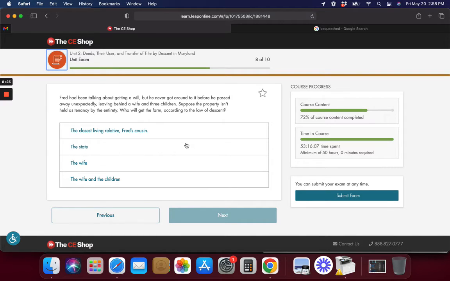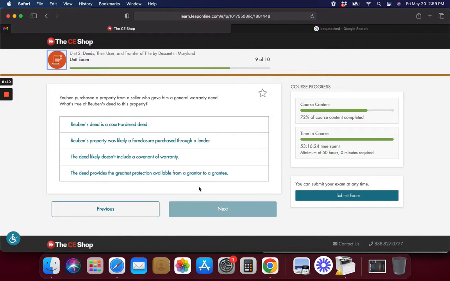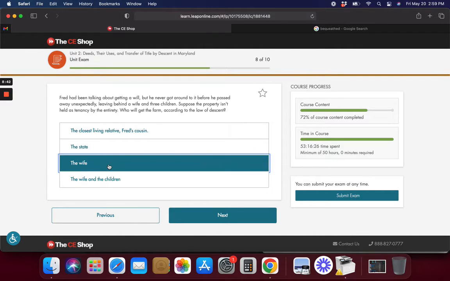Fred has been talking about getting a will, but he never got around to it before he passed, leaving a wife and 3 children. Suppose the property isn't held by the tenancy by the entirety. Who will get the farm? Wife and children, I would guess. Maybe the wife. I still think it would be the wife.